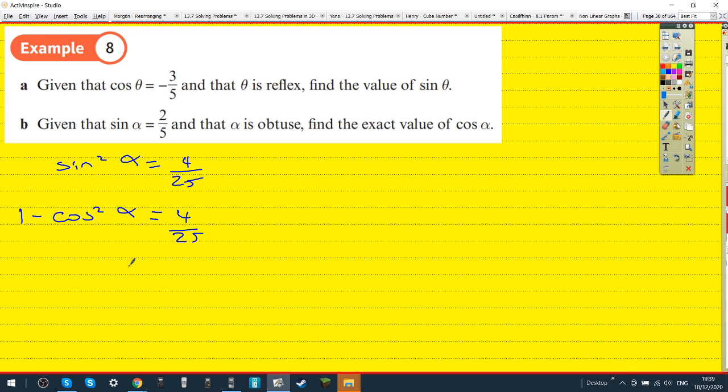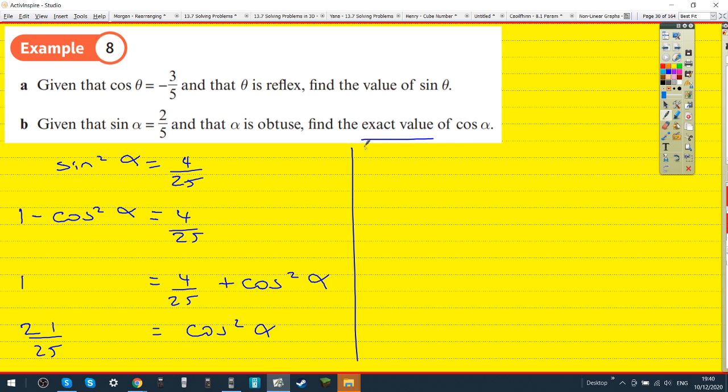So I got 1 equals 4 over 25 plus cos squared alpha. And then I minused 4 over 25 on both sides. And I got 21 over 25 equals cos squared alpha. I see.